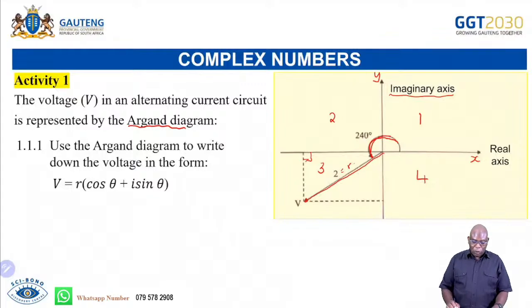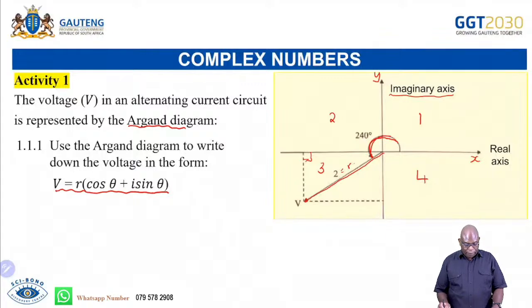In this case, you are given this voltage in this form. You must use the Argand diagram to write the voltage in this form. You're not given that form. You're only given the angle and the R. And that R, in complex numbers, we call the modulus.